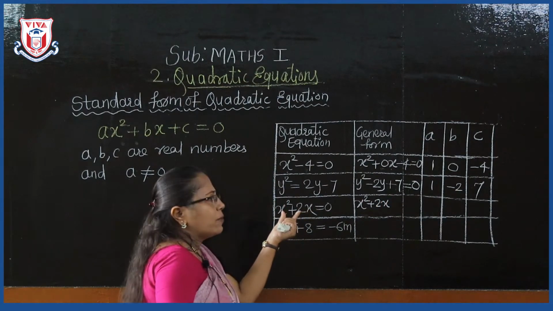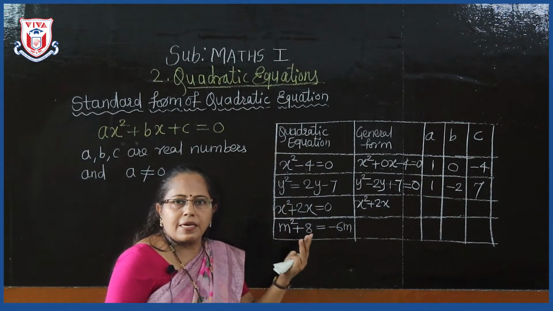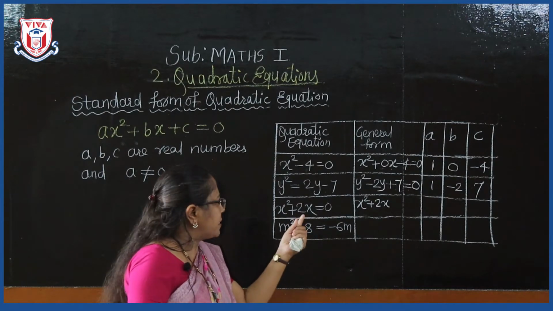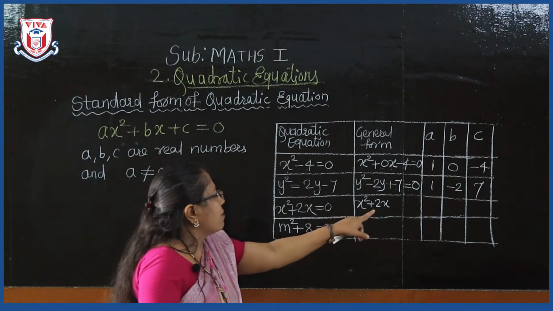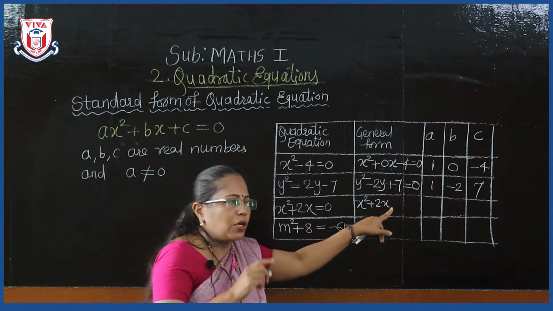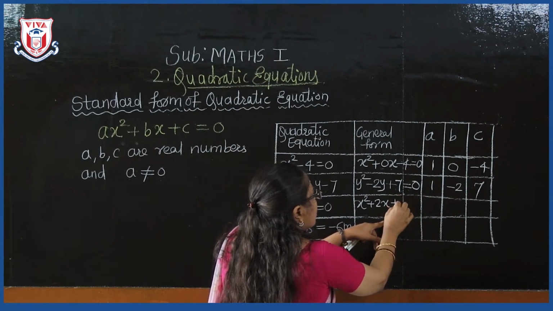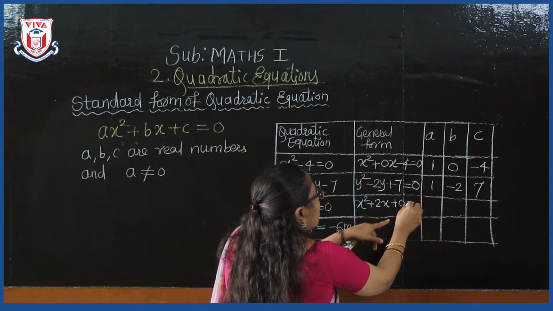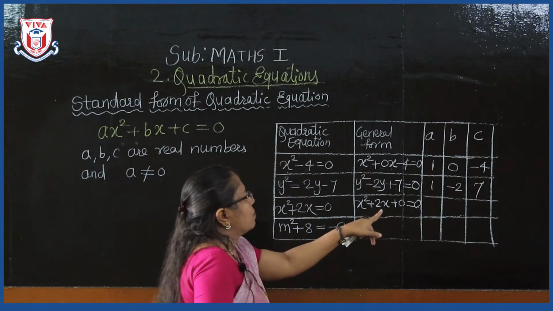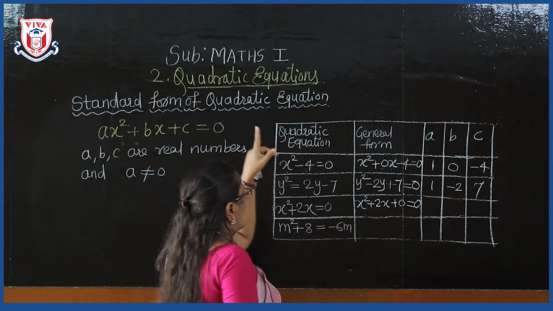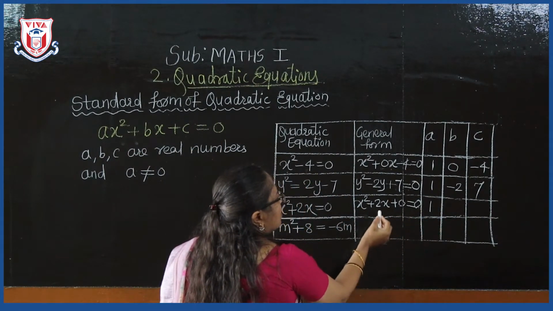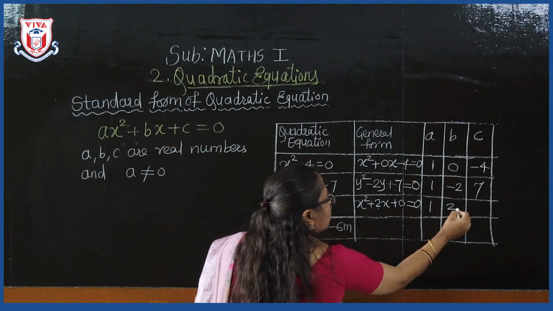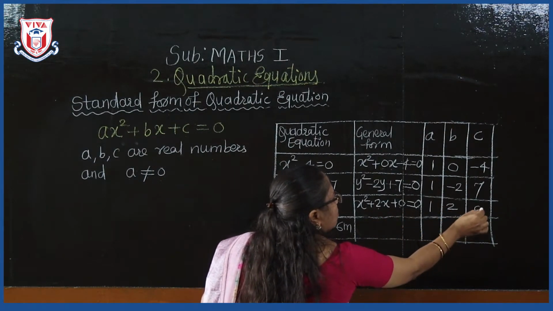Now here only two terms are there. Third term is not there, absent. So third term is constant number c, that we will take as 0. So plus 0 equal to 0. So compare this with standard form. We will get a is equal to 1, b is equal to 2 and c is equal to 0.